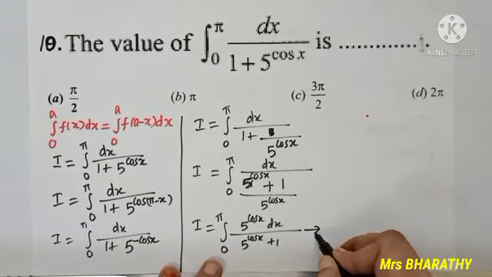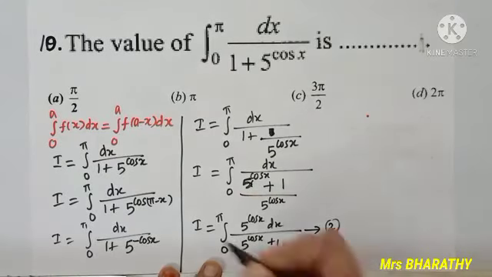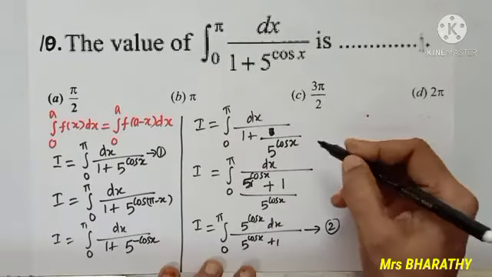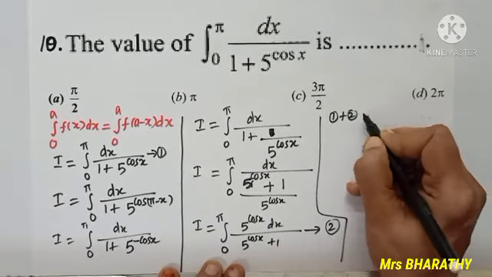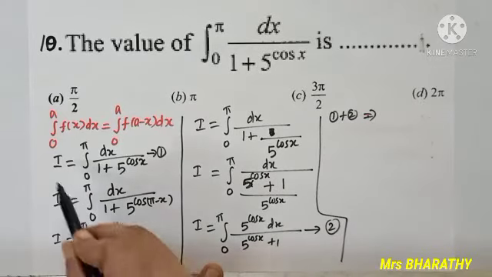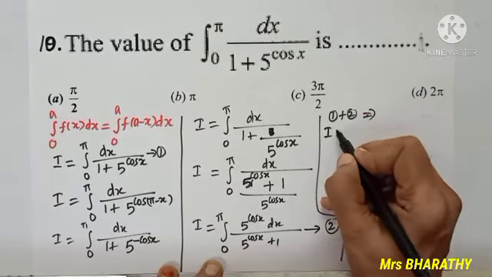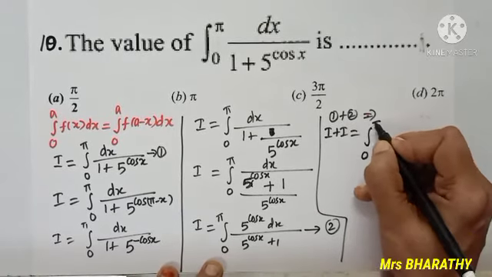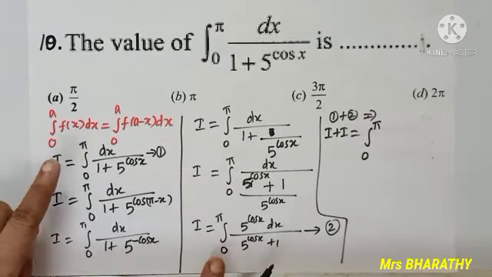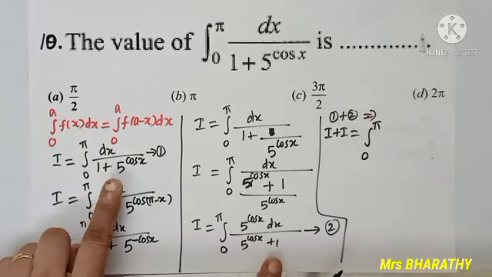What we have derived, let us call as 2. What is given, let us call as 1. As I add 1 and 2, LHS I plus I. RHS integral 0 to pi, there is no change.